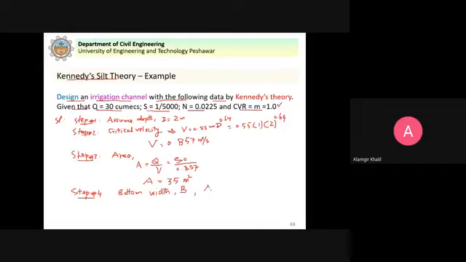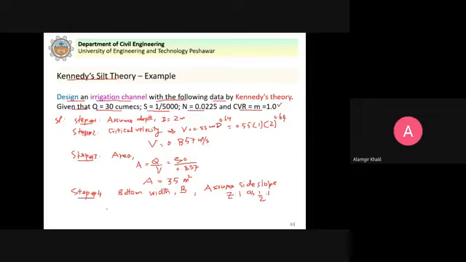As already given, for alluvial soil we can assume the side slope Z as half to 1.